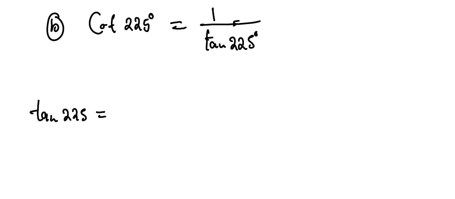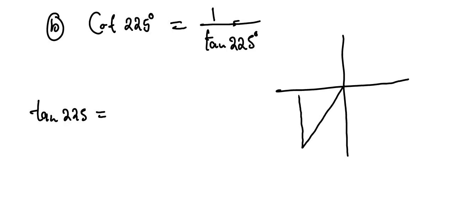So we know 225 is in the third quadrant as well, right? So even if we were to change it, it's supposed to be the whole 225, but we're just going to subtract 180 from 225. So 225 minus 180 leaves us with a 45. So this is the same as tan 45.